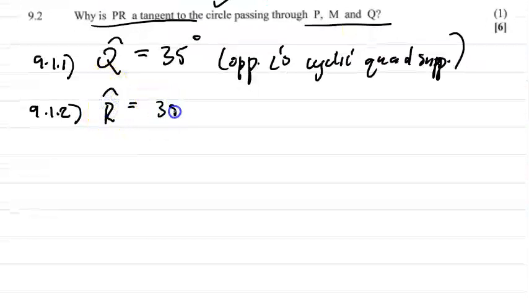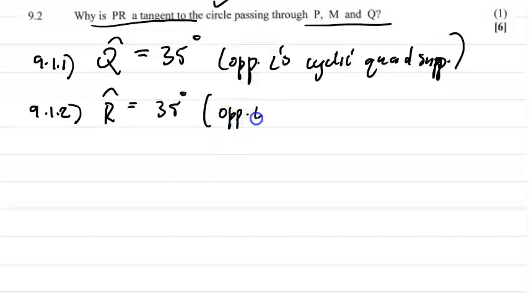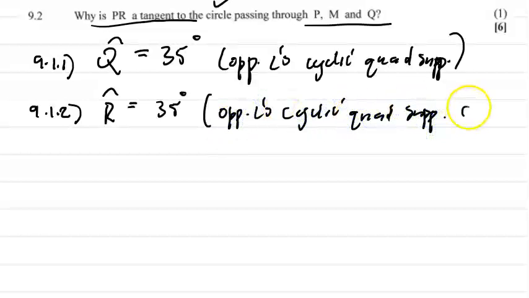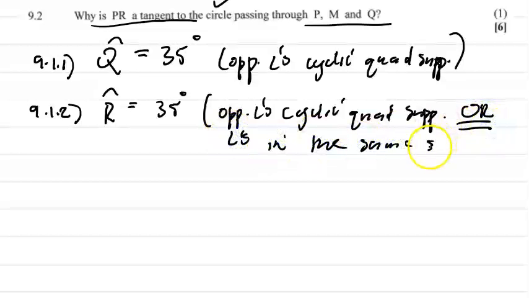R equals 35 degrees. We can also say opposite angles of a cyclic quad supplementary, or you can say angles in the same segment.